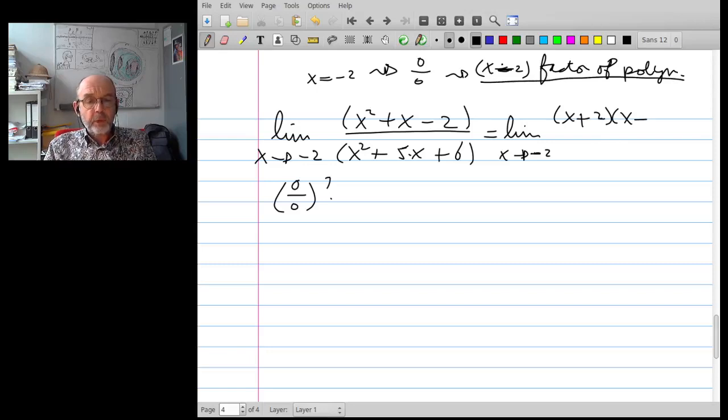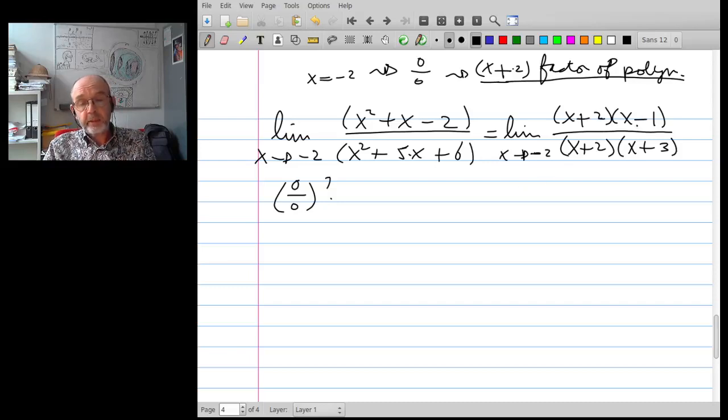So be careful, you see that I am making mistakes. x plus 2 is a factor. And what does it mean for the numerator? That we have to multiply by x minus 1. You get x squared, and then we have plus x minus 2. That goes well. And beneath, we have 5 and 6, and I think of 3 and 2. 3 times 2 is 6, and 2 plus 3 is 5.